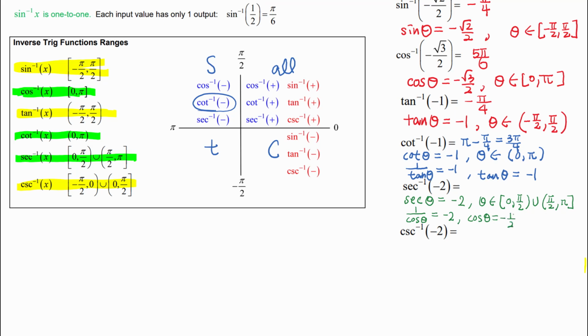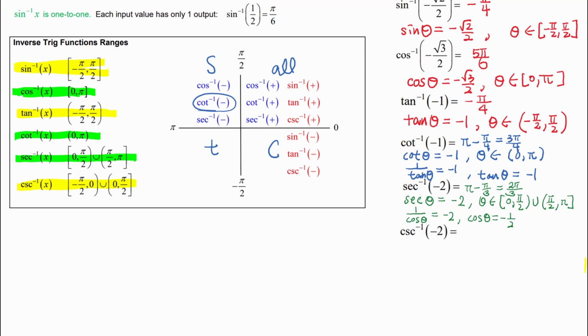And we know we have to find the answer from the first and second quadrant. And cosine is negative in the second quadrant. So my answer must be in the second quadrant. And we know cosine of pi over 3 is 1/2. So theta in the second quadrant can be found by pi minus pi over 3, which gives me 2 pi over 3.